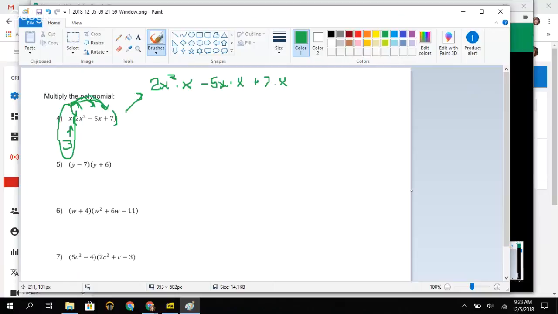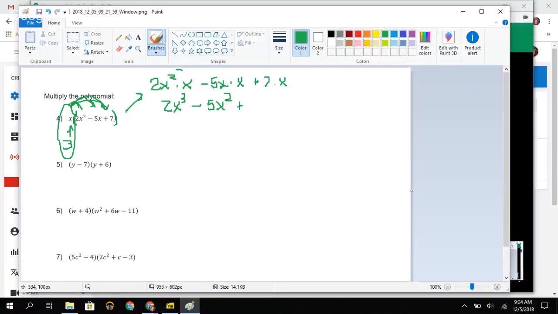And then I just need to simplify. So 2x squared times x is 2x cubed. Remember your exponent rules, you're going to add the two exponents together. So it's going to be 2x cubed. And then minus 5x times x is going to be minus 5x squared.